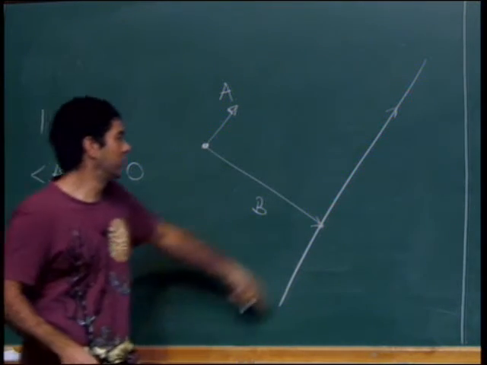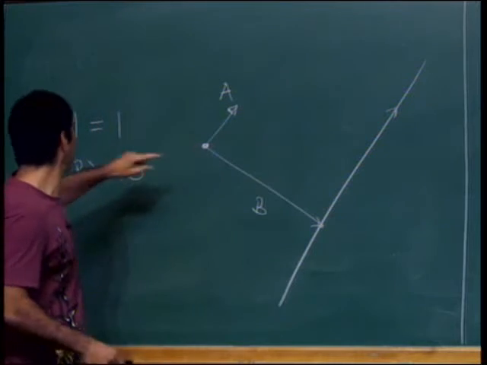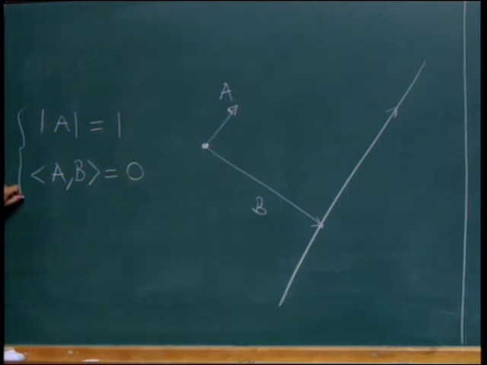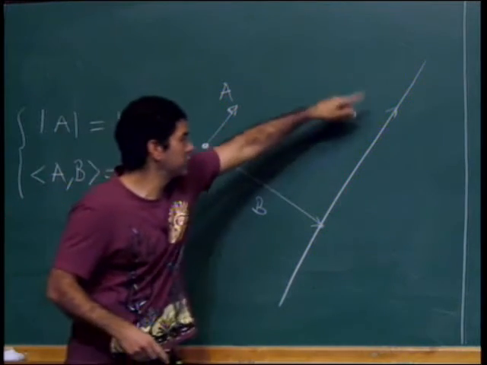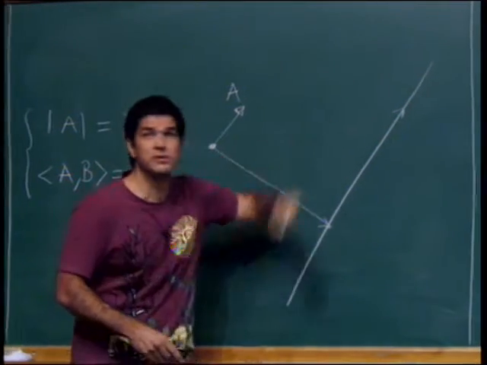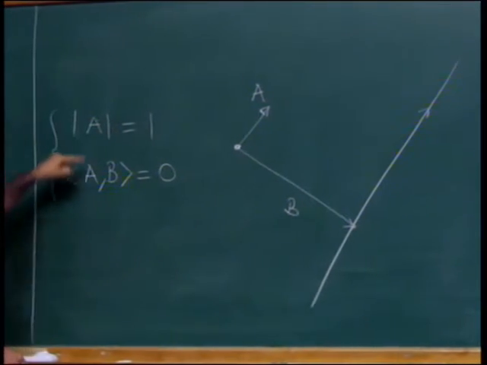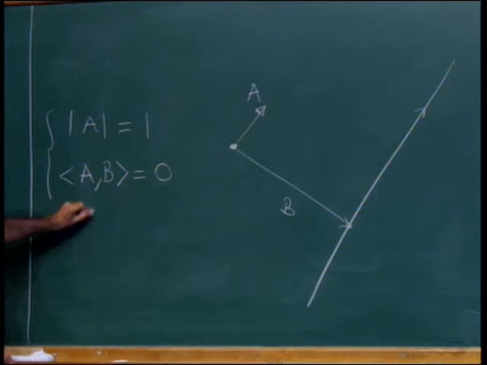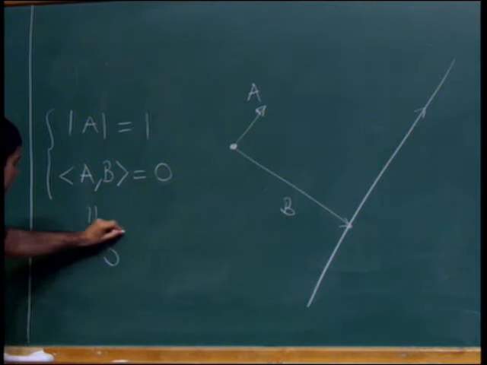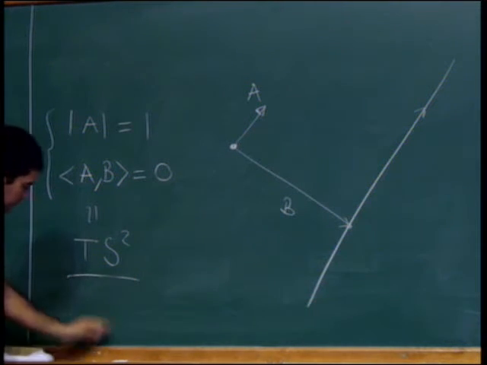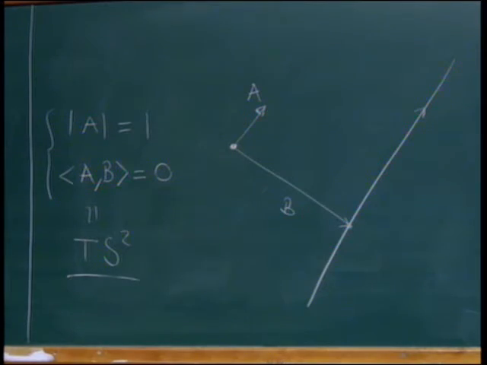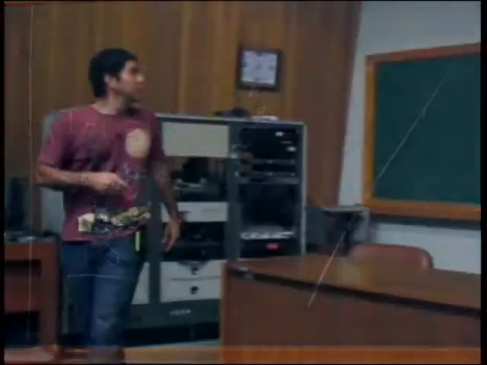So if you have an oriented line, you can do this, and if you have a pair of vectors satisfying this, you can associate to this pair of vectors this oriented line, okay? And this is basically the tangent bundle of the unit sphere, right?